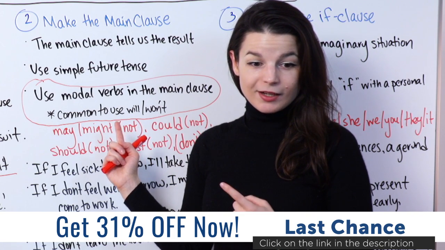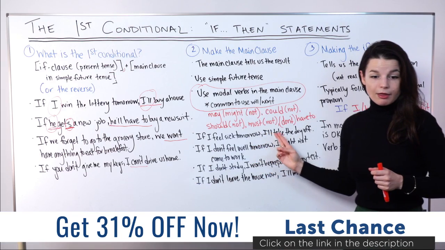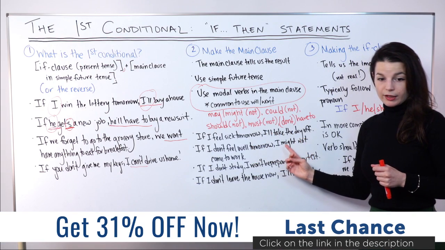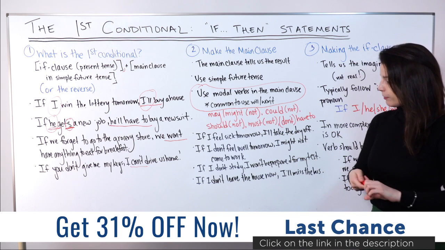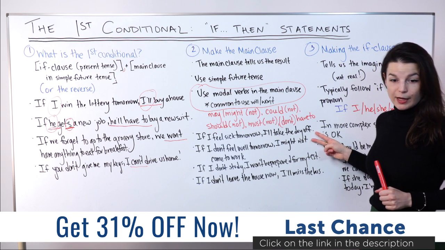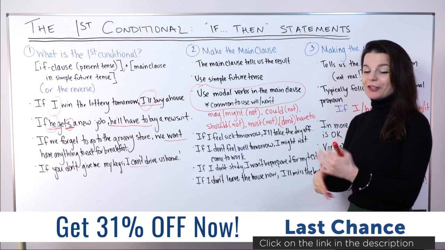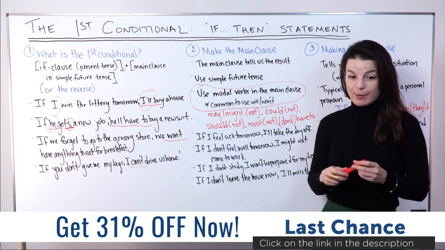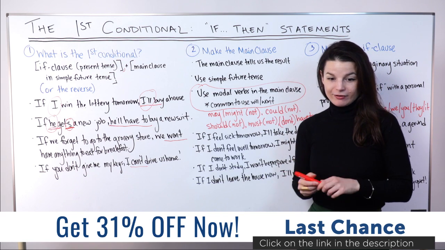Okay, let's look at some examples of this then. And let's focus on the main clause here. We're going to focus on the main clause of this sentence. These first two examples have the same meaning, really. I just chose a different way to express the same idea to show you that you can be creative as well.